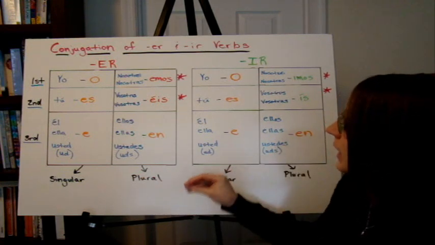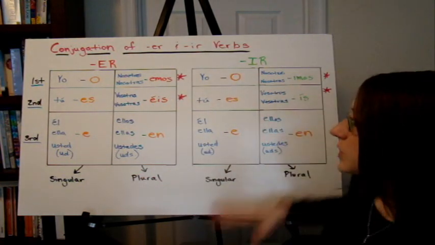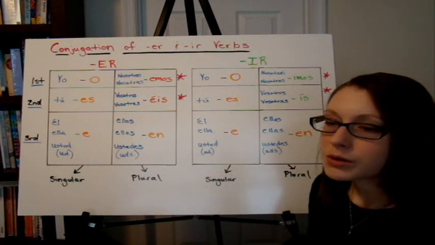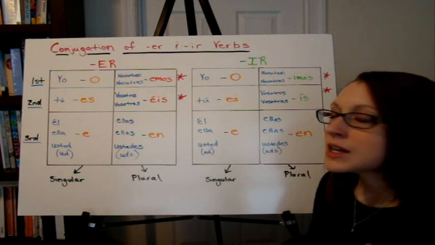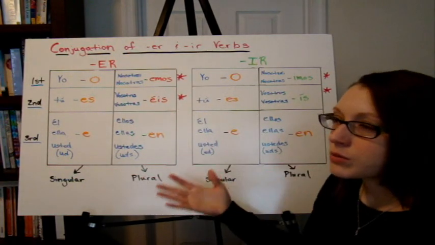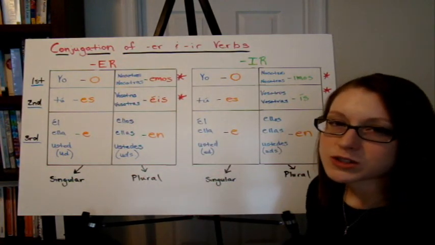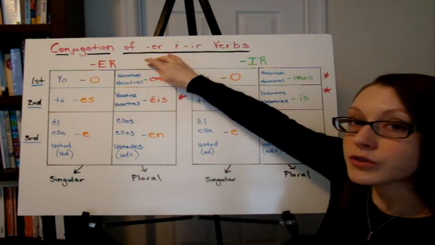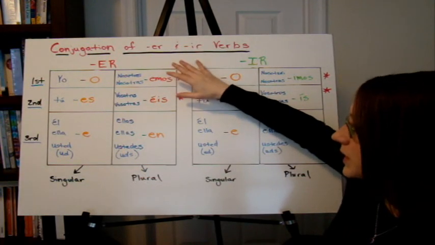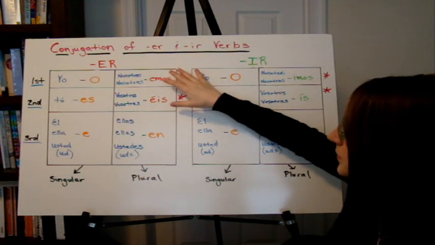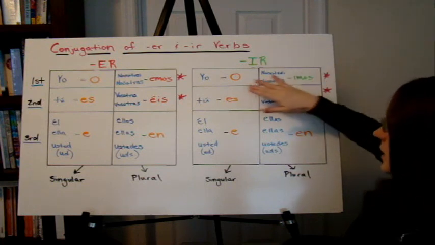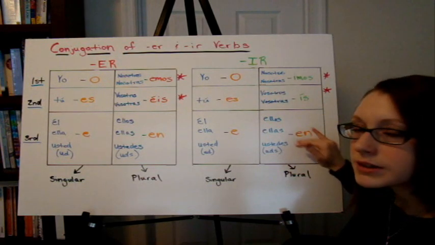And the reason for that is that these forms, for whatever reason, generally don't change, whether you're talking about regular verbs or irregular verbs. It might help you to think of them as just staying in their pure form. So since this is an ER verb, we're not going to mess with that, so this is going to stay E. But over here, since this is an IR verb, we're not going to change it to an E like the other forms.